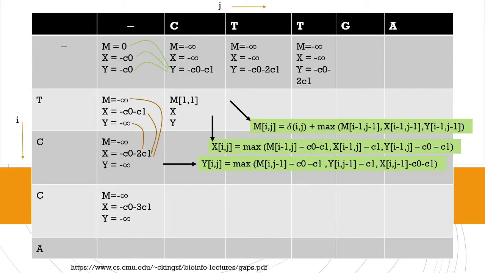I applied the same approach as the previous solution: if you want to solve for this box, you look at the best solution here, here, and here, and then you apply the simple equations. This would be a gap here, and this would be a gap here, and then you compute the best. If you read this PDF, it describes that this is not the best solution. But it took me a while to understand why that is not the case.